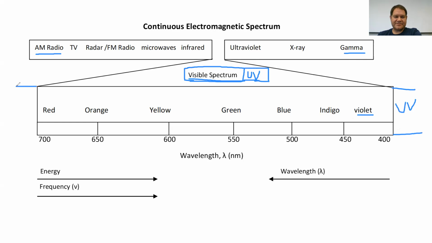And on the other side of the spectrum is going to be what? Infrared, what we call IR. IR is infrared light next to the red, okay? Ultraviolet next to violet, infrared next to red. So I need you to understand a little bit about where these electromagnetic waves fall into the overall spectrum, okay?